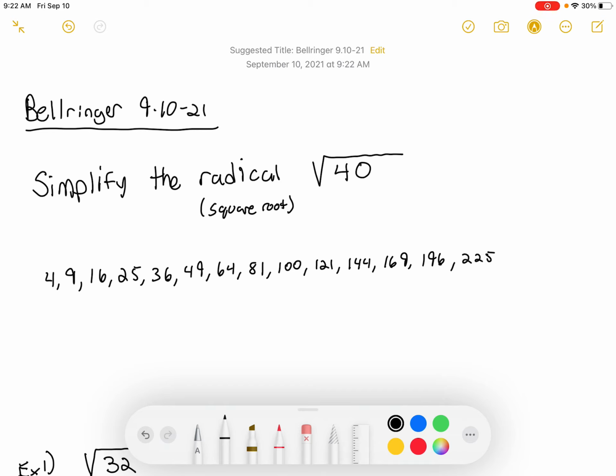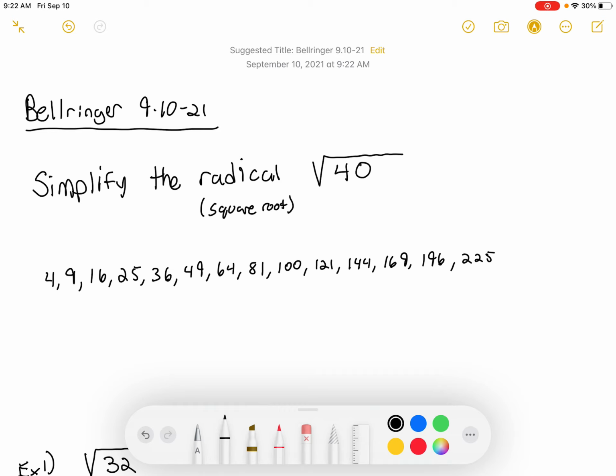These are your perfect squares. Counting 1, this would be 15 perfect squares. But we need to memorize these.